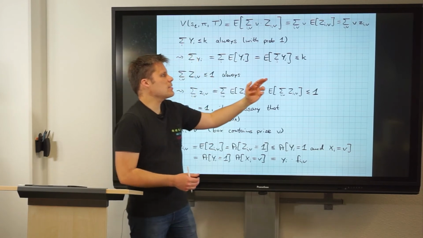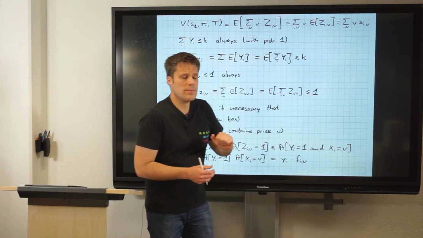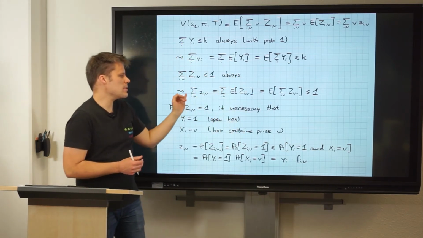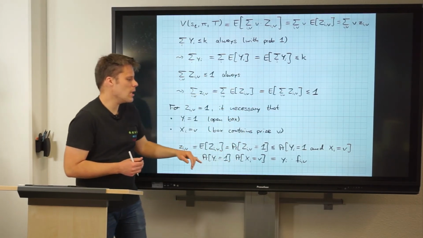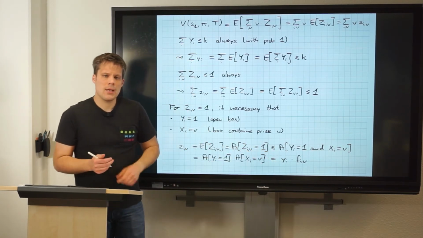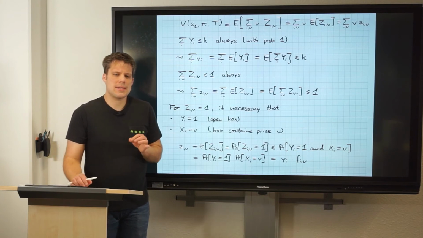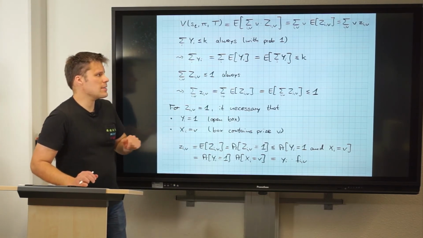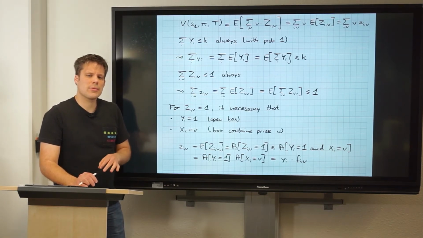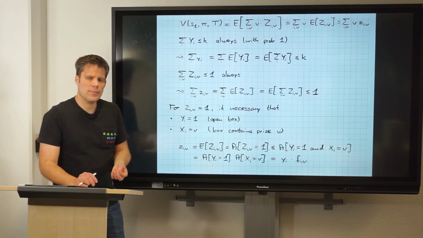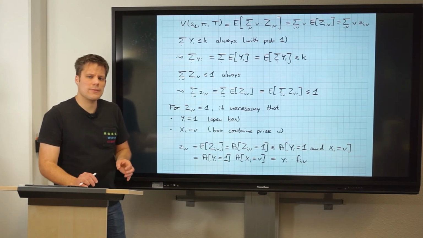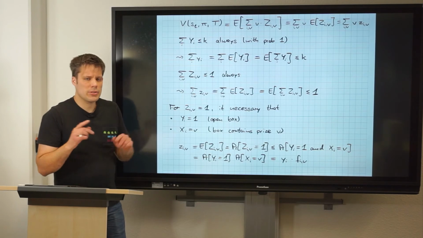Its expected reward is exactly given by this term, and also the y_i have to fulfill this constraint, and the z_{i,v} have to fulfill this constraint, and also this constraint. And what we now do is we write this down as a linear program, because all of this is actually linear. And then we will simply solve this program optimally. Unfortunately, this does not necessarily correspond to a feasible policy, but we will turn it into a policy.